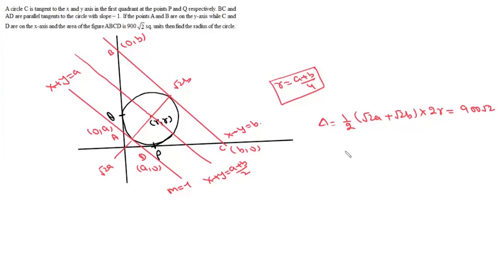Now we can take root 2 common, so the root 2 and this 2 and 2 will cancel, and we have a + b. Now a + b is nothing but 4r, so it will be 4r into r, and it equals 900 root 2. Now this is 100 and this is 225. So the value of r is basically 15. So the radius of this circle is 15 units.